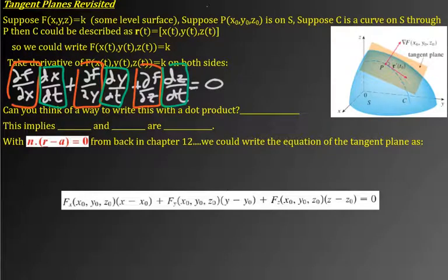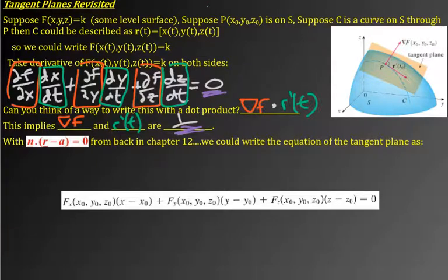The red thing is just your partial derivatives, and that's the gradient. And we're dotting it with the green thing, which is just r prime of t. So this is basically saying that the gradient of f and r prime are perpendicular, because of this 0 right here.